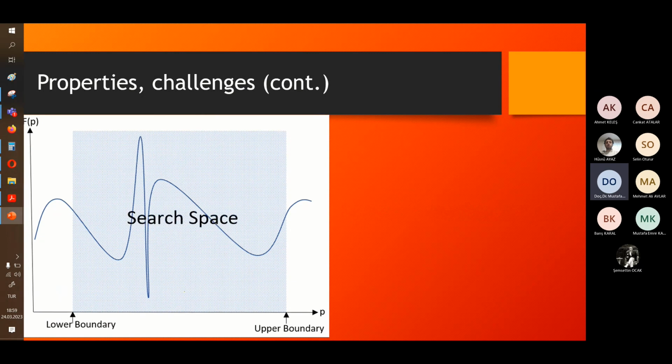Okay, so if we know the lower boundary and upper boundary, how can you suggest a random solution for P? What I mean is, how can you write a random point if you know the lower and upper boundary?